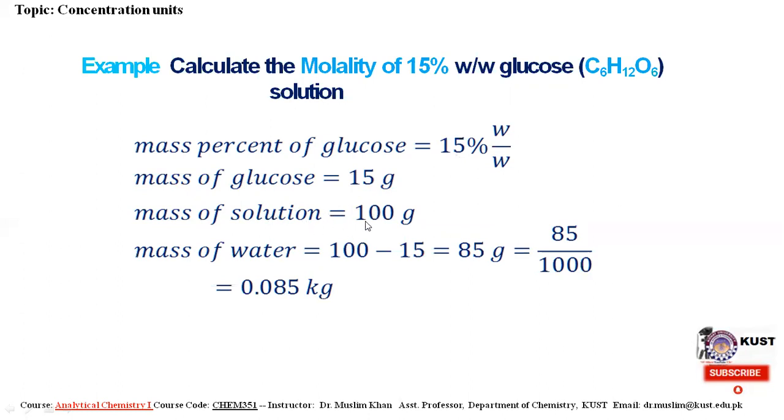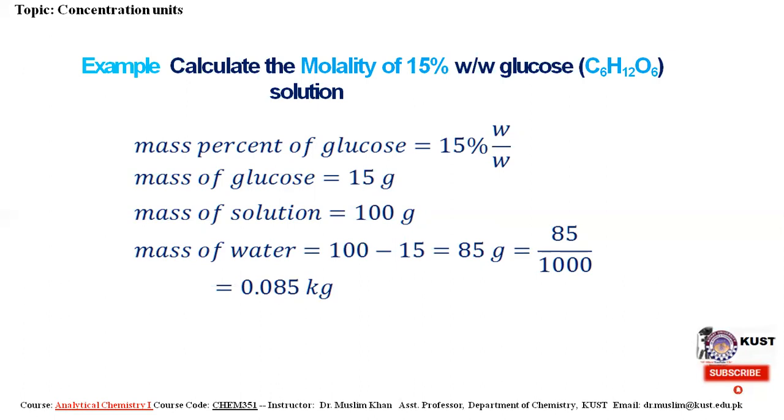The rest is solvent, so 100 minus 15 is equal to 85 gram. Converting this into kg, 85 divided by 1000 is equal to 0.085, because in molality you need your solvent in kg. So you need the number of moles of solute dissolved per kg of solvent.